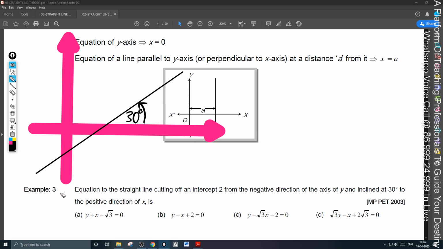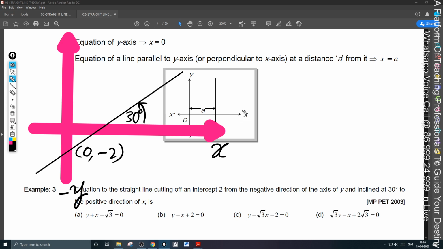This is plus x. This is minus y. Whatever is needed, that's what I am taking. Now, what is this point here? You can understand easily. 0, -2, because on negative y-axis.